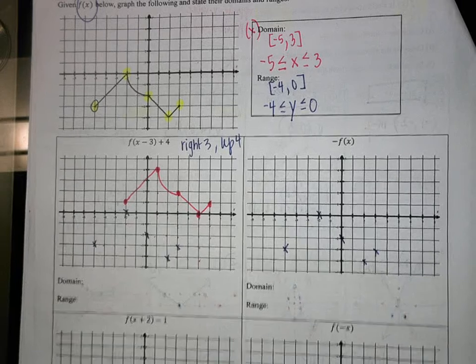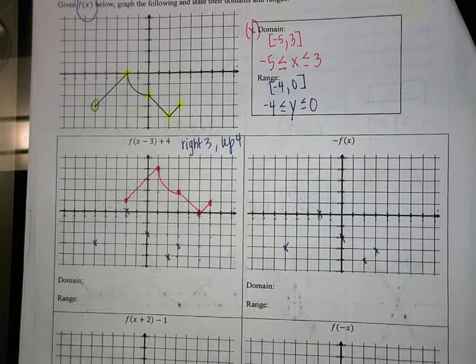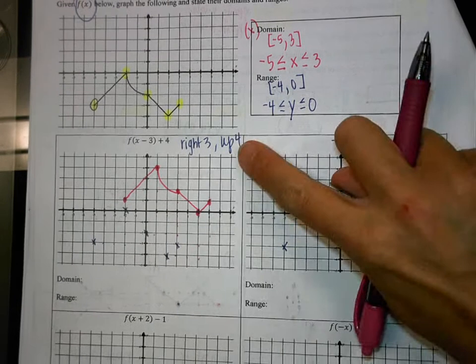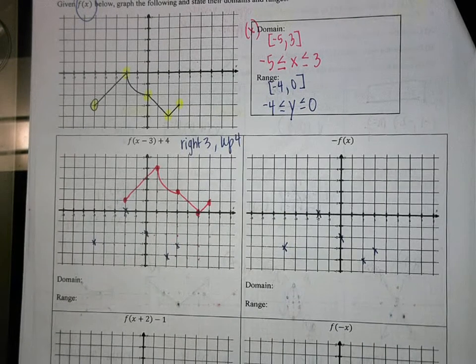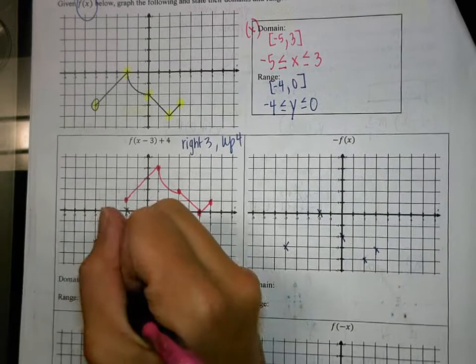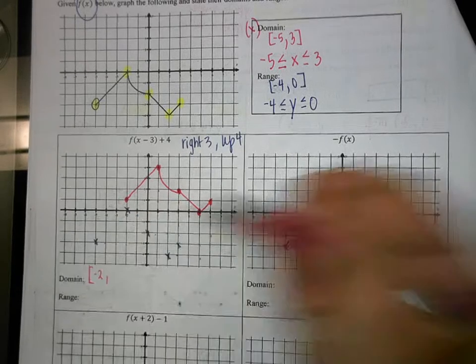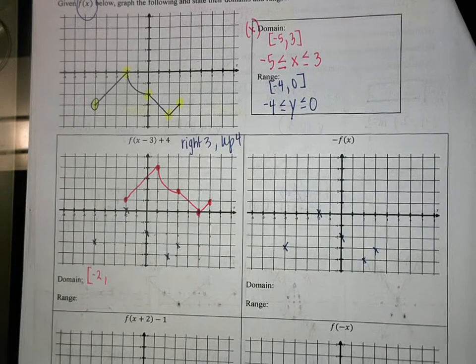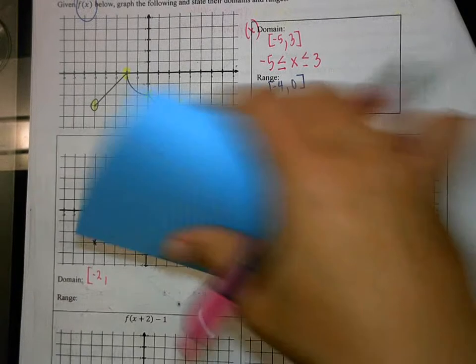Okay, what's my domain on this one? Okay, we're good? So what is my smallest domain value? -2. So we have bracket -2. What's my largest domain value? So we're going across.